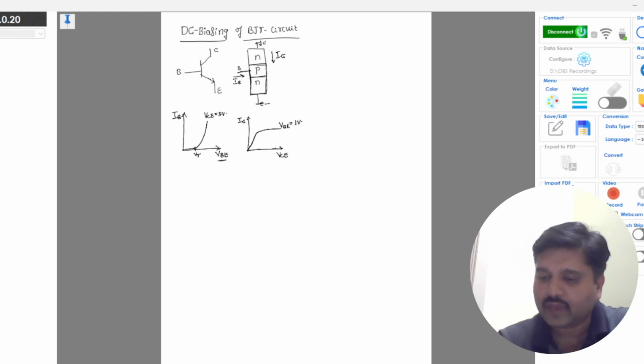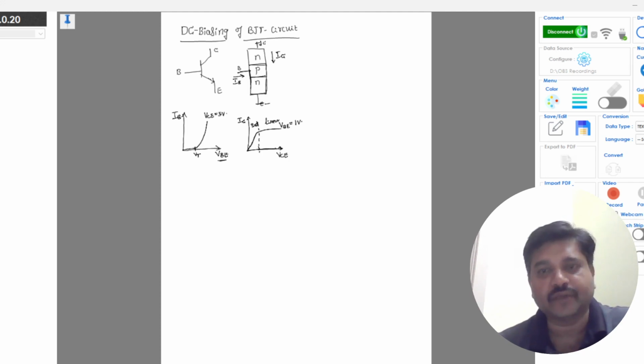So here in the output characteristics you see, initially this region is called the saturation region for the BJT and this region is called the linear region for the BJT. For the transistor to act as an amplifier, it should be in the linear region. That means it should be in a constant current region.